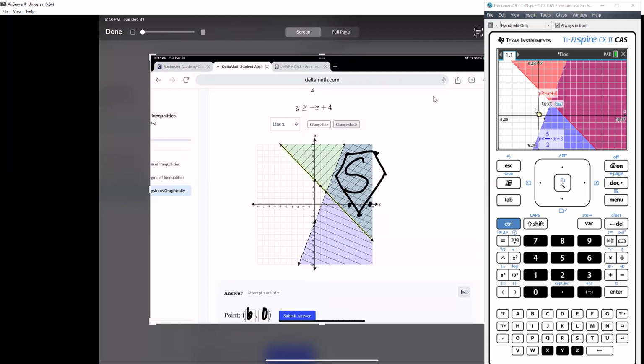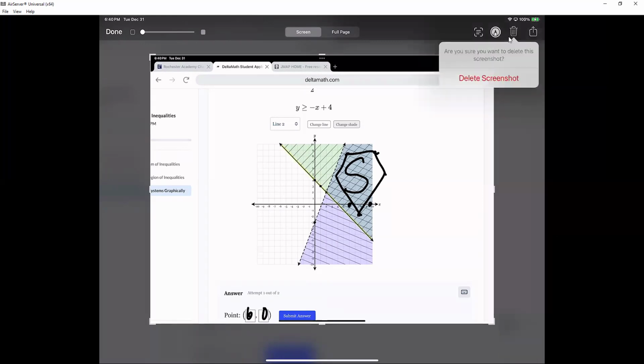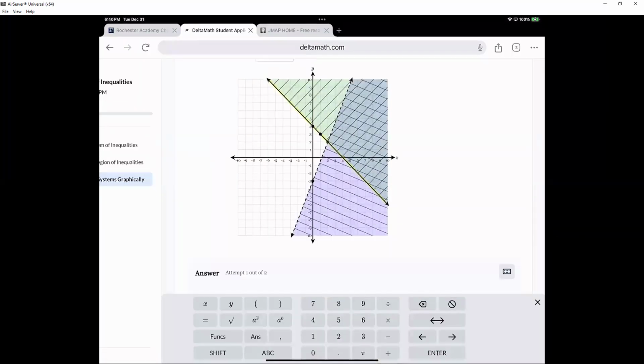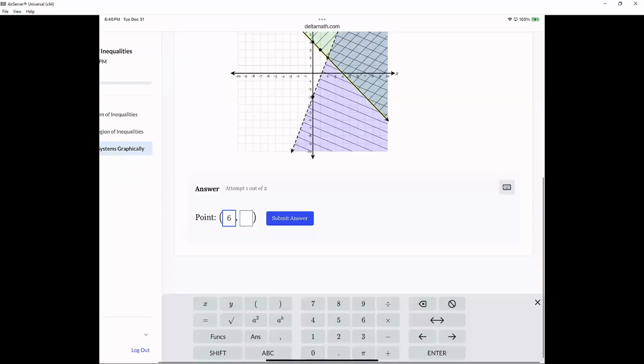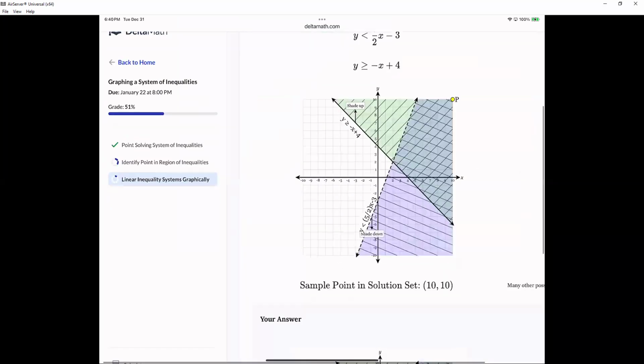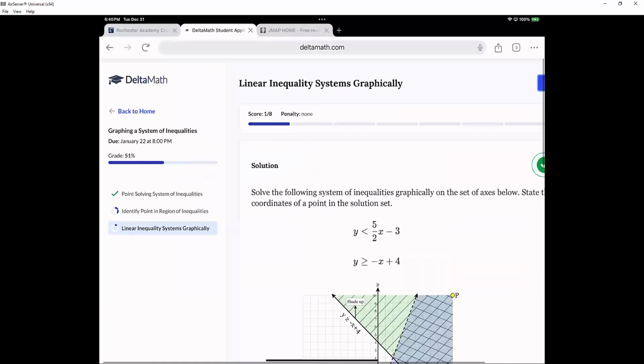If I go back and put 6, 0, boom. It liked the graphing, it liked my solution, so it said it was a good choice.